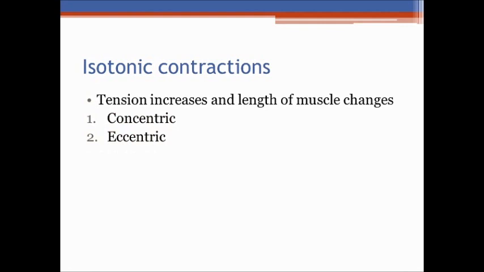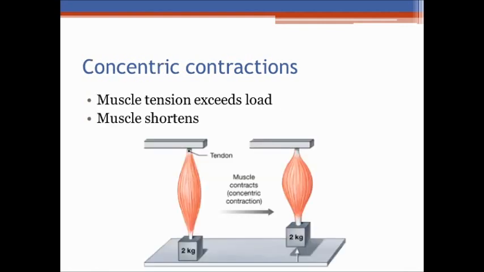In isotonic contractions, tension increases and the length of the muscle changes. With concentric contractions, the muscle tension exceeds the load, so the muscle shortens. Think of this like doing a curl. Your biceps will undergo concentric contractions as you're lifting that weight. That muscle belly will shorten as it contracts.